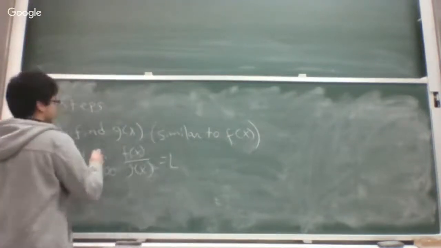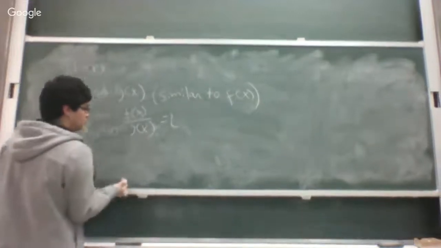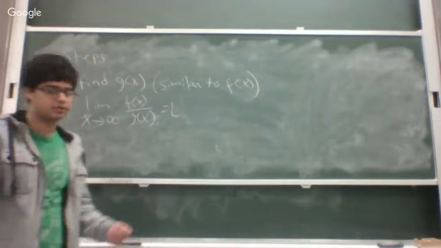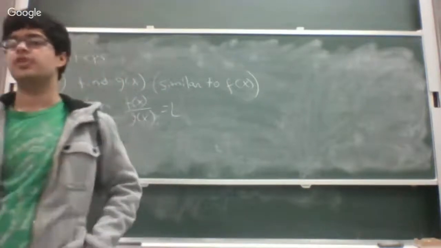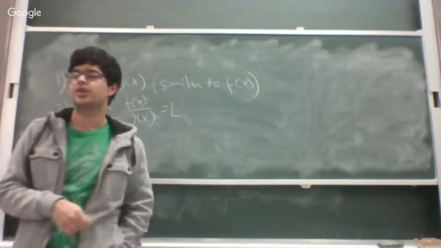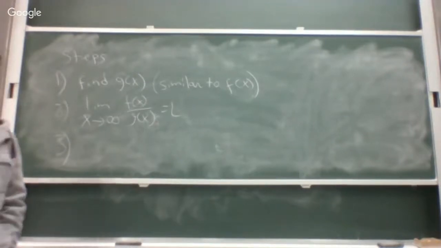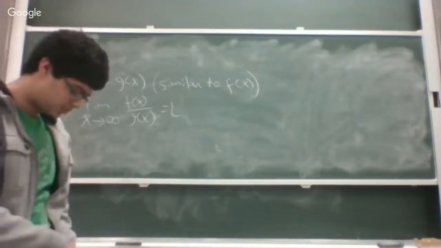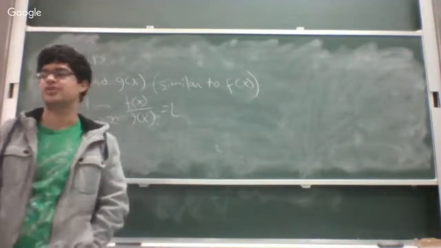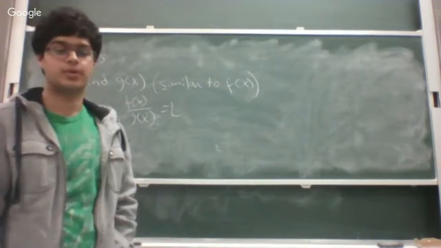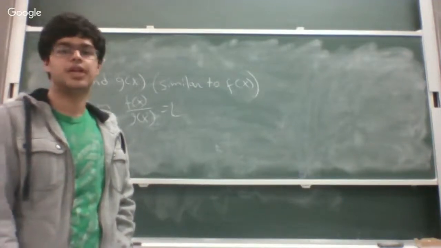And you don't use the limit comparison test for everything. There's a whole bunch of tests, like the ratio test and a lot of other things that you will learn to compare two functions and whether they converge or diverge or what they approach, because you can't do it for every function.